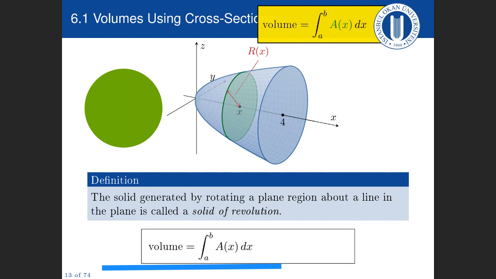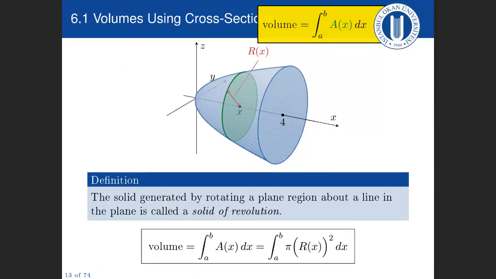And what is the area of a circle of radius r? Pi r squared. So our formula for the volume of this three-dimensional object is the integral from a to b of pi r squared dx. Okay, I'm going to take this and put this at the top.